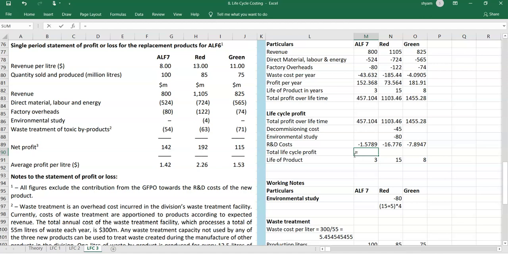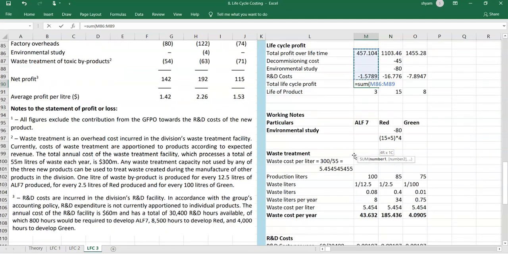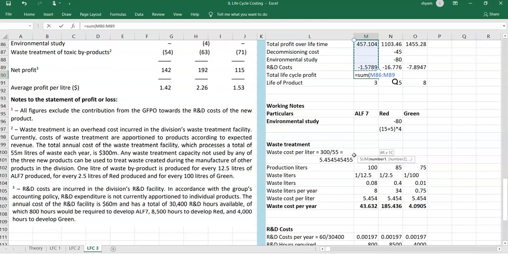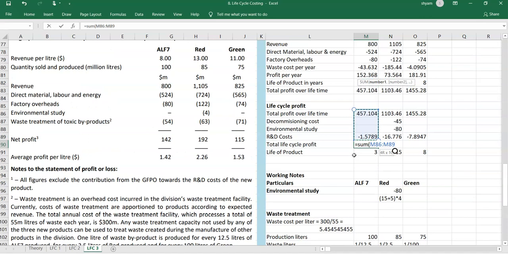So the total life cycle profit would be, this is the profit and this is the R&D cost. Okay, so this is the total. This is the total profit that occurs over the entire lifetime.